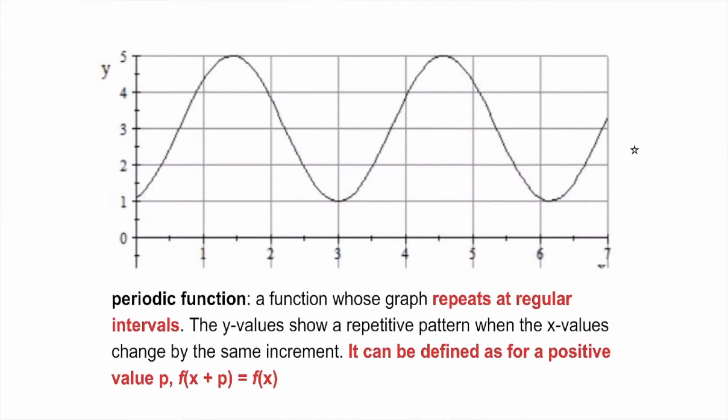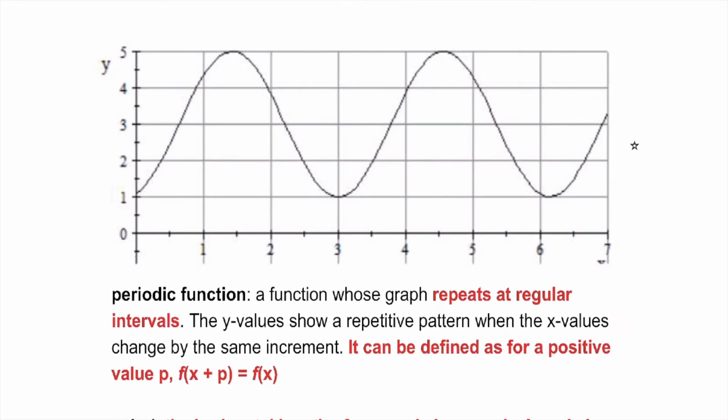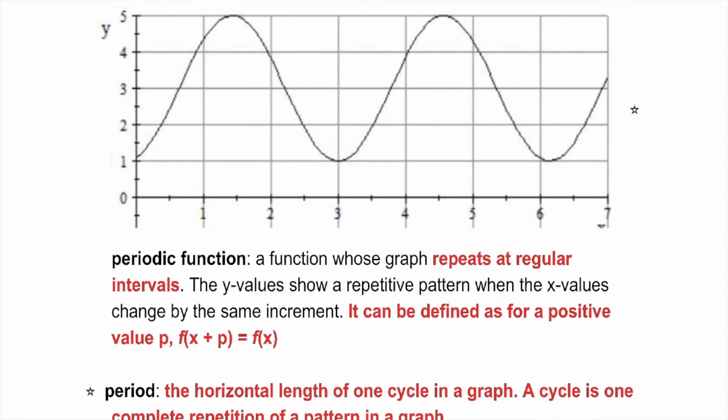So let's look at some definitions. A periodic function by definition is a function where the graph repeats at regular intervals. This is what we noticed at the top. But more importantly, not only does it repeat, it repeats at a regular interval.